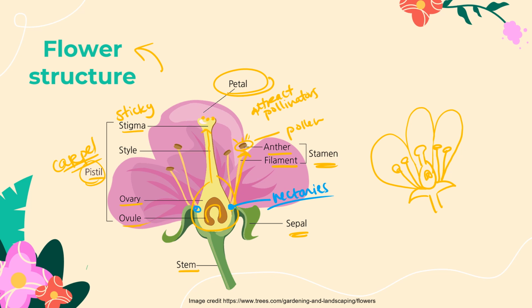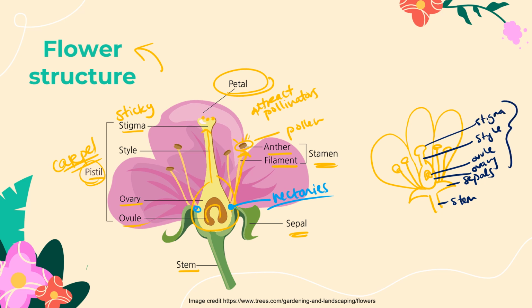If you're asked to label it, definitely make sure that you label. We have the stem, which we could also call the peduncle. We've got sepals. We have the ovary, and in the ovary is the ovule. And then here's the style, and here's our stigma. And all of these together, not the sepals, all of these together, this is the carpel or the pistil.